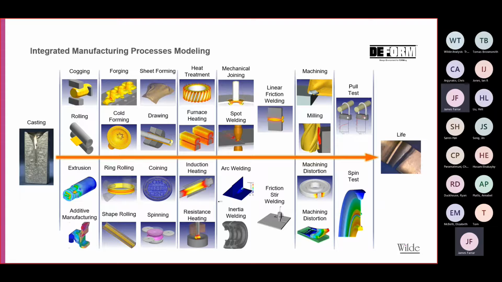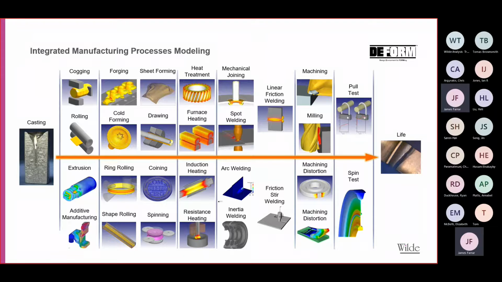Following on from that, you may want to do some heat treatment, whether in a furnace module or local heat treatment with induction heating or resistance heating, to look at the products. And then we may join them through some technology, whether solid state or welding applications, such as friction stir welding or linear friction welding.